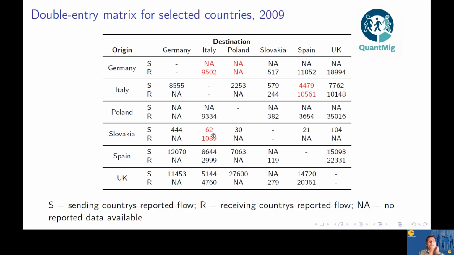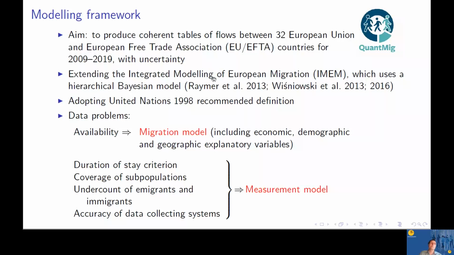So the aim of the project is to correct for the differences in definitions, to harmonize the figures to some agreed single figure for flows where we have 2 reported flows, and to estimate the flows where there are no reported flows. And to do this, we're using a Bayesian hierarchical model.